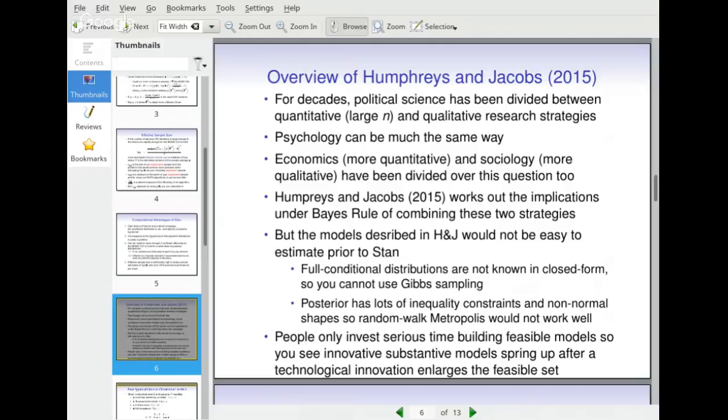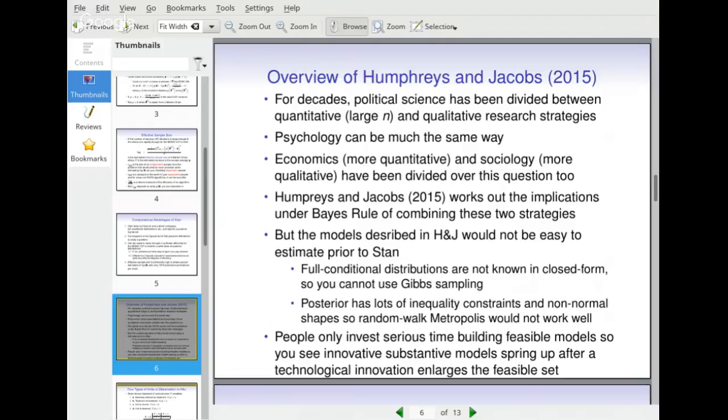Okay. So just as an overview of what I'll refer to as Humphries and Jacobs, which was a paper in 2015, but it's really a whole project. So some of what I'm attributing to the paper might be part of the broader project.